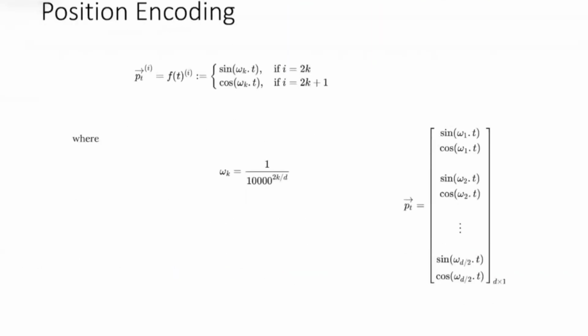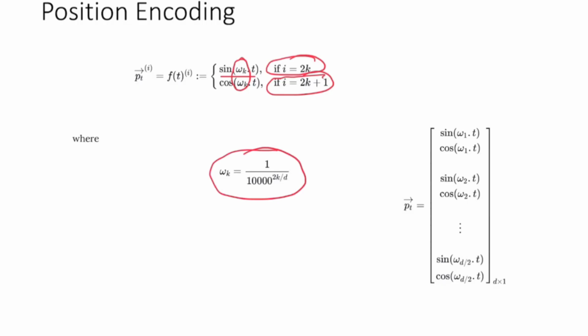In the paper, they have taken sinusoidal waves for defining the position. They have taken a sine wave for the even positions and a cosine wave for the odd positions, with this frequency, and this is the value that they have taken in their paper.